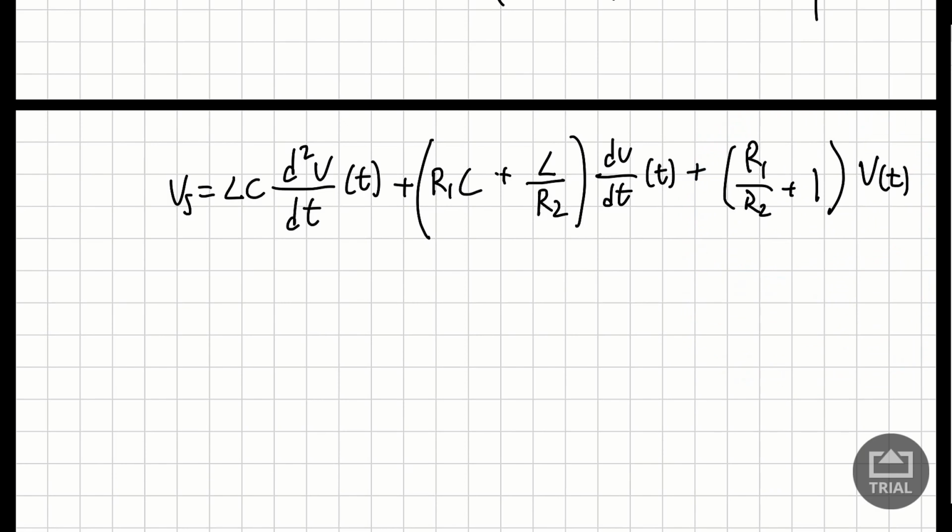Now that we've gone through this step, we're very close to the final solution. To represent this as the output of the circuit, we're going to divide out our LC. So we're going to have Vs over LC, and since we're dividing this out, it gets divided throughout the whole equation.